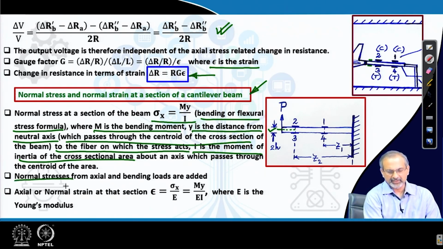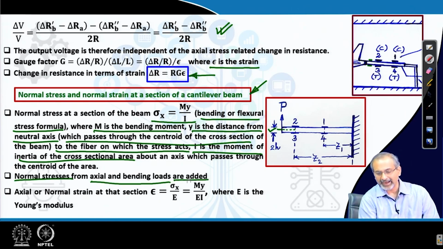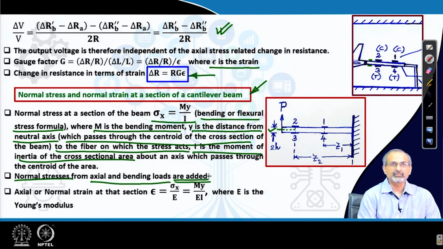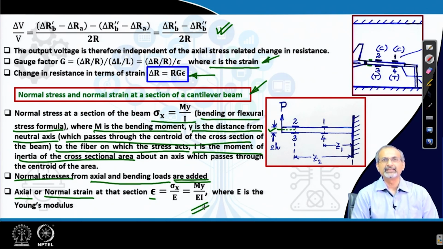And a very important idea is that normal stresses from axial and bending loads will be added together. Consequently, the axial or normal strain at that section, epsilon, which we already talked about, will be represented as sigma x by E, E being the Young's modulus, and therefore, the epsilon expression comes out to be My by EI, which we need to remember.